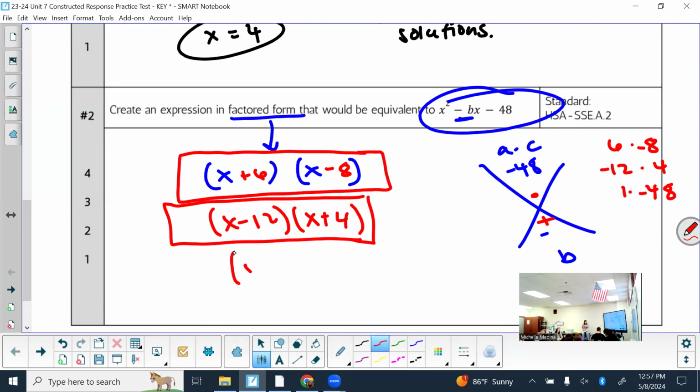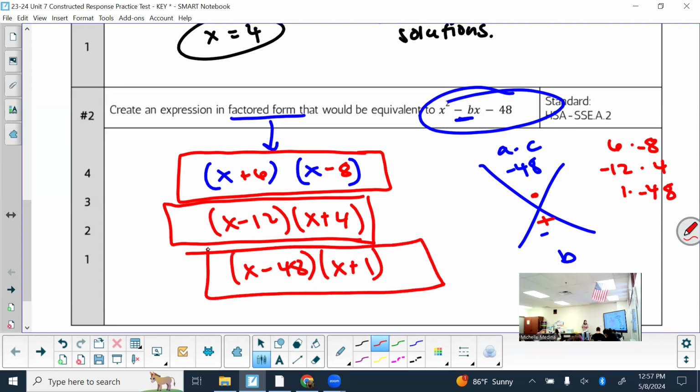So then another one I can have is x minus 48, x plus 1. So it has to multiply to a negative, add to a negative, and it has to multiply to this number. There's probably even others, but we can stop there.